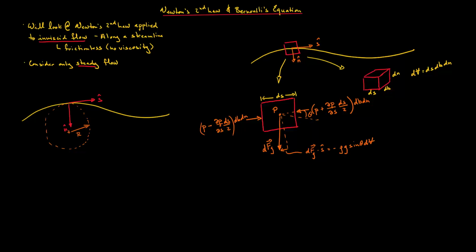Furthermore, in this section, we're only going to consider steady flows. That is, at a given point, the flow properties, such as velocity, pressure, temperature, remain unchanged with evolving time. So here I drew a streamline. So here's our streamline right here.